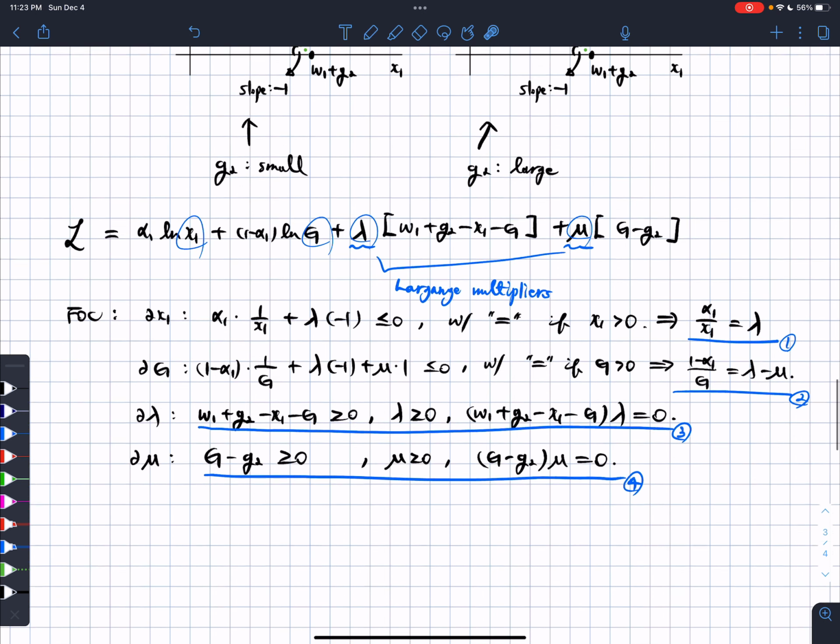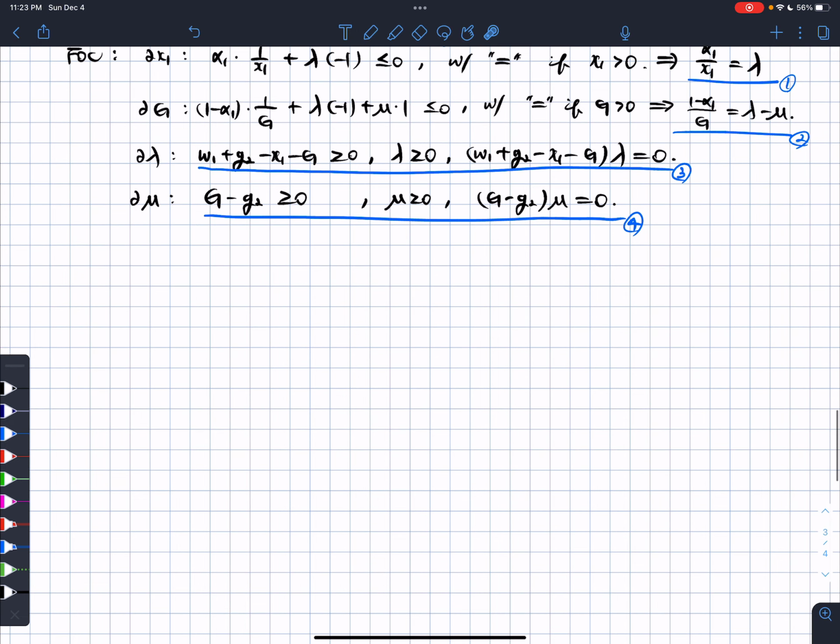Okay, so let's try to solve. So case 1 is when big G star minus G2, hold on, big G minus G2 is positive at a solution.